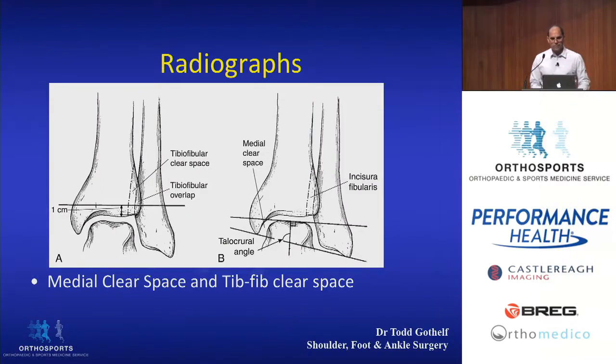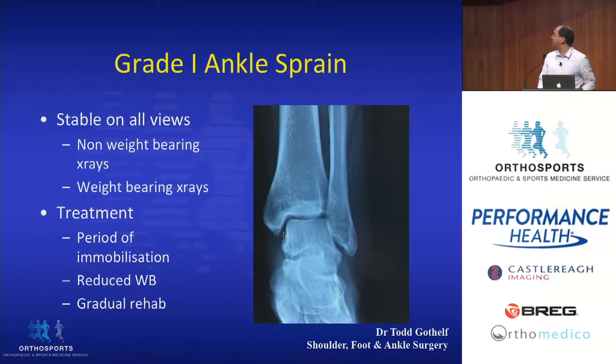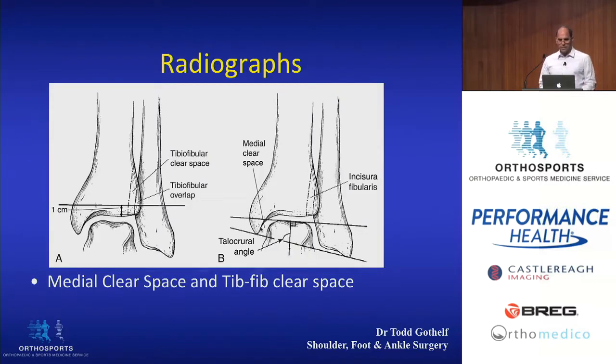Now, it's important to understand when you're looking at x-rays what to really look for to determine whether something's unstable or not. When you look at an ankle x-ray, usually we'll get an AP, lateral, and oblique. The oblique x-ray, or the mortise view, is what we're looking at. When you get this view, you'll see a gap, a space in between and around the talus, and that gap should be equal all the way around.